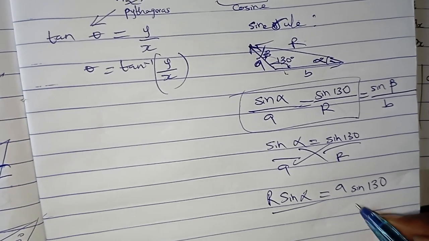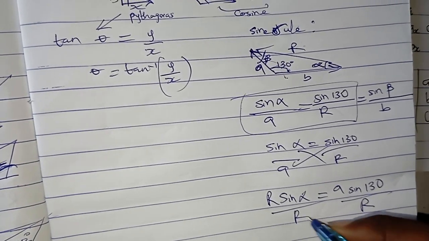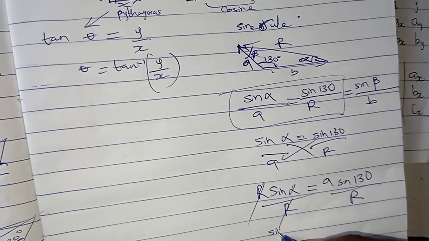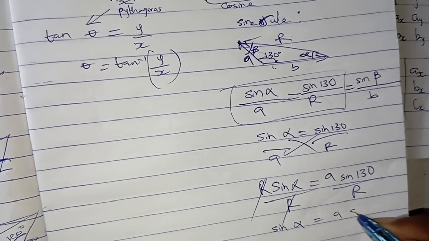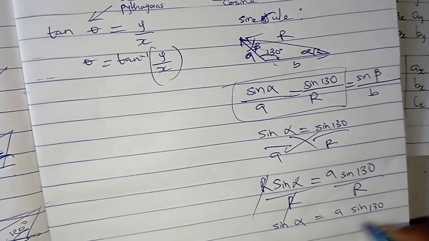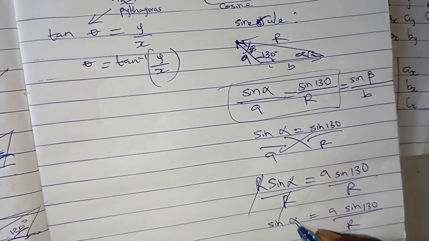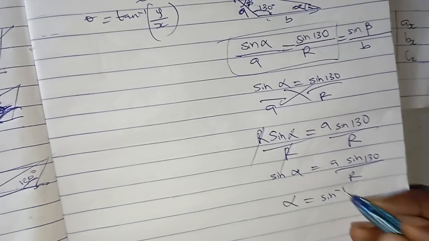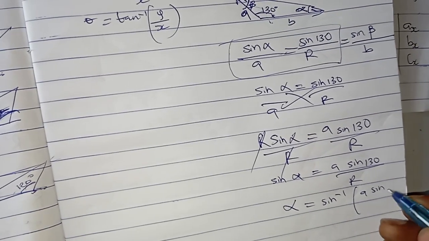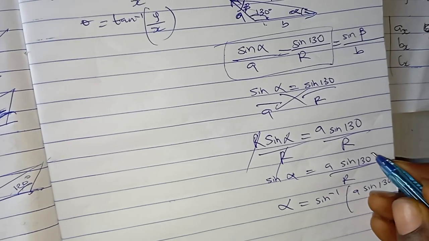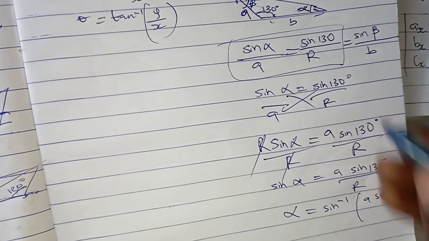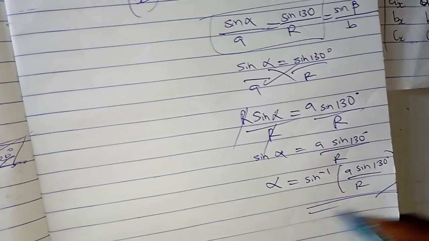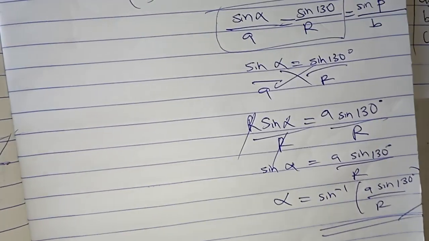Divide both sides by R, the coefficient of sine alpha. So sine alpha is equal to A sine 130 over R. To get angle alpha, alpha is equal to sine inverse of A sine 130 degrees all over R. By the time you punch it, that becomes your final answer.